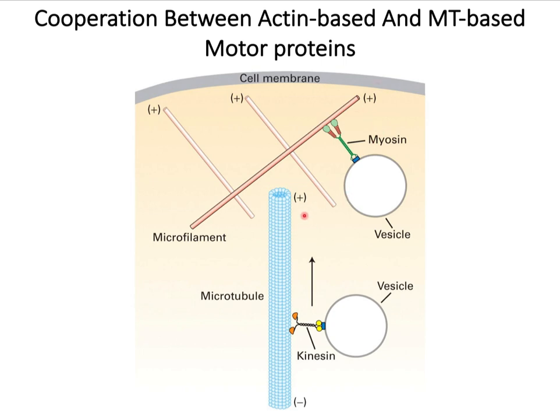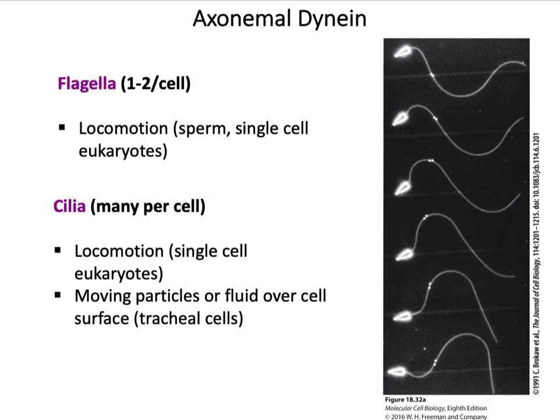This vesicle can become associated with the myosin and then can jump from the microtubule to the actin microfilament and continue its journey towards the outside of the cell. So you can get cooperation between the kinesin and dyneins, and cooperation between microtubule-based motors and also actin-based motors.